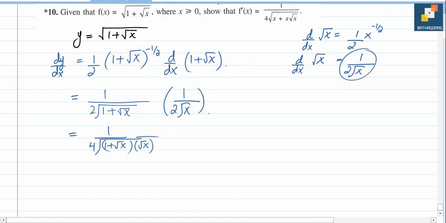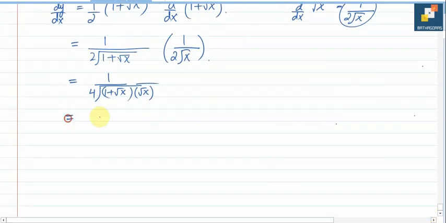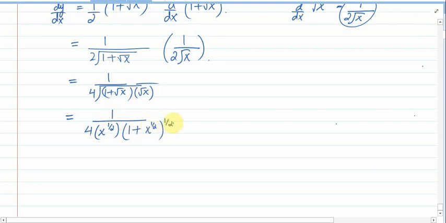Alright, and after that we need to multiply these two brackets. So let's suppose if I write in this form 1 divided by 4, this root x is basically x power 1 upon 2, right? And we have 1 plus x power 1 upon 2 with the total power of 1 upon 2, right? Now the power of these two are same. In general, if you have root 5 times root 3, that is root 15, right? These two can be multiplied under the root sign. So now it will be the same 1 divided by 4.